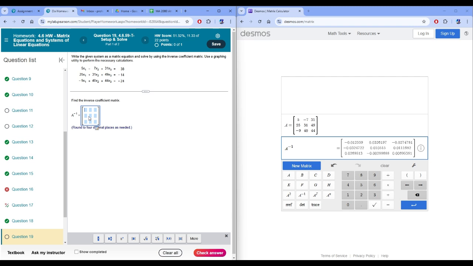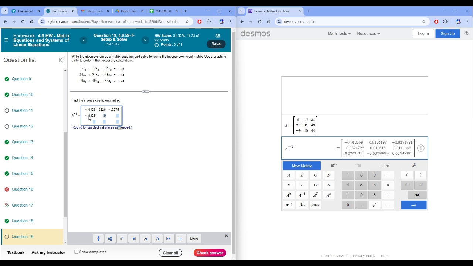Yeah, this just stinks. So 4 decimal places: negative 0.0126, 0.0326. This one is negative 0.0275. This one is negative 0.0325.